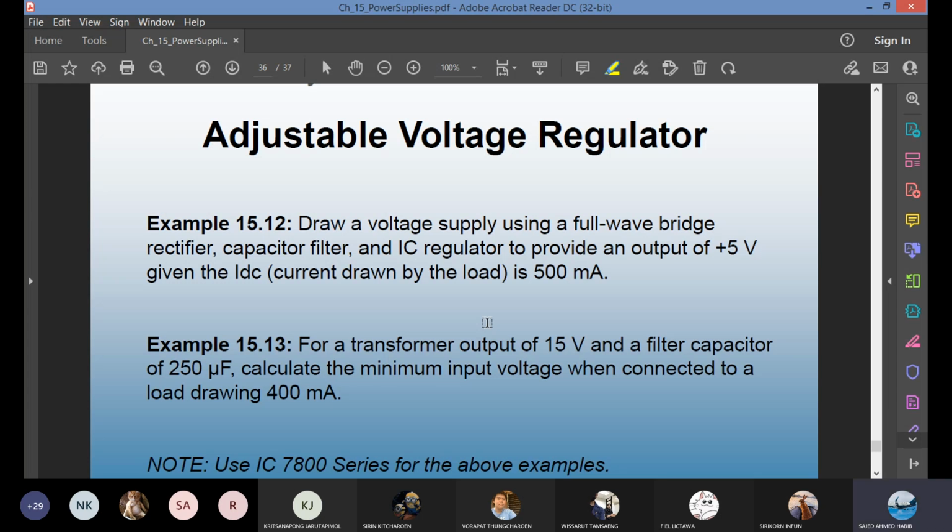If you need a full wave bridge rectifier, there have to be 4 diodes connected in a bridge configuration. Be careful with the orientation of the diodes, the anode and cathode. Make sure that during the positive half cycle, 2 diodes are on and the other 2 are off.